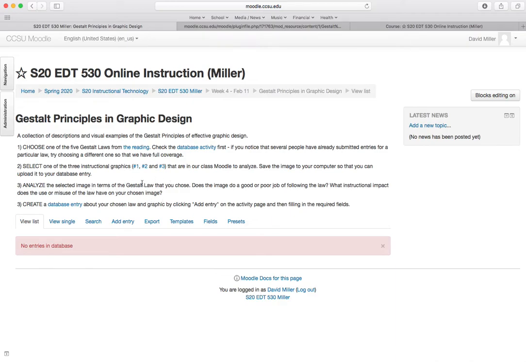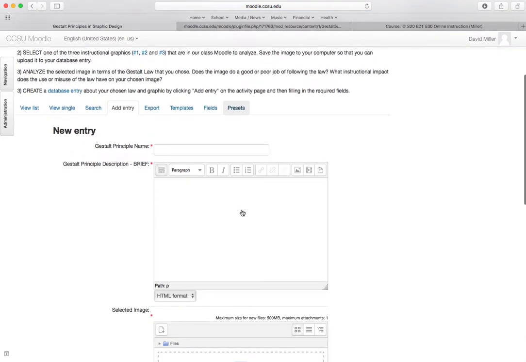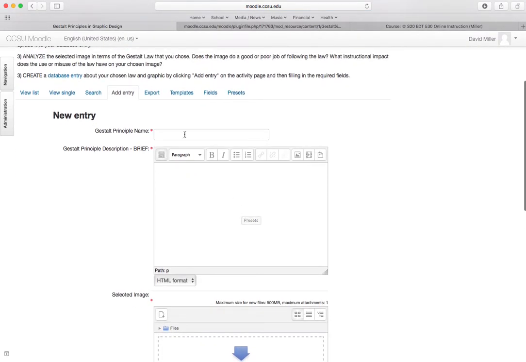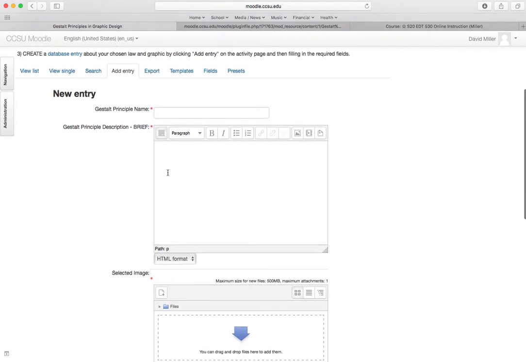And then once you've given some thought to that, you're going to create a database entry right here on the database activity. You'll click this button that says Add Entry. And when you do that, you will have 4 fields to fill in. One is just the name of the principle you chose. Give a brief 1-sentence summary of the principle, not of your image, but of the principle.